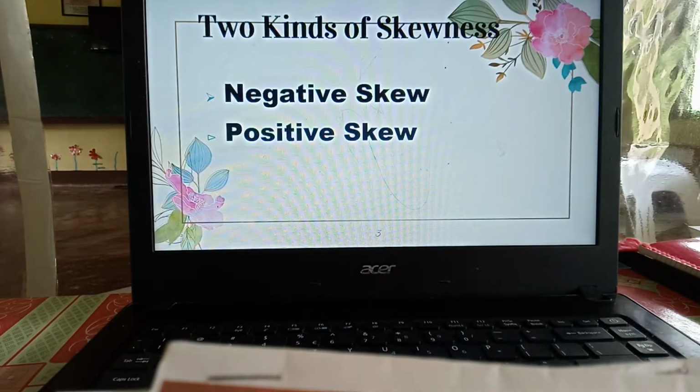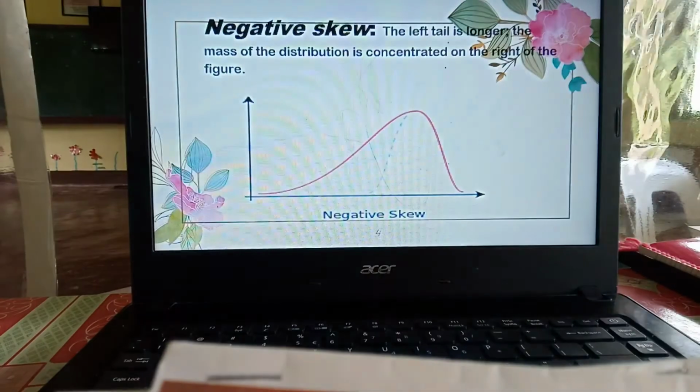And there are two kinds of skewness. First, we have negative skew, and second, positive skew. In a negative skew, the left tail is longer. The mass of the distribution is concentrated on the right of the figure.